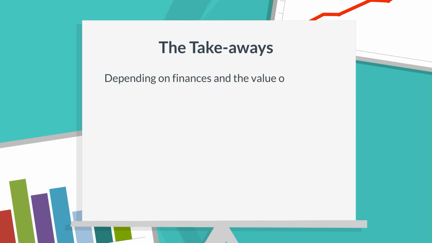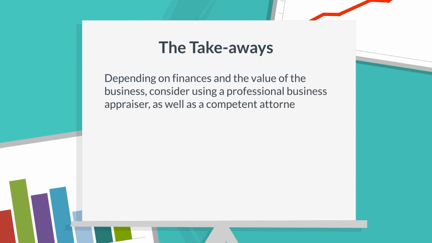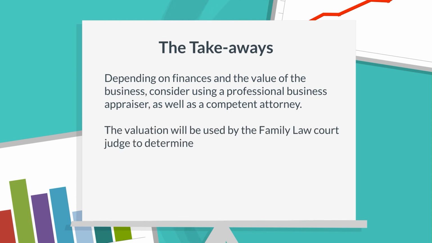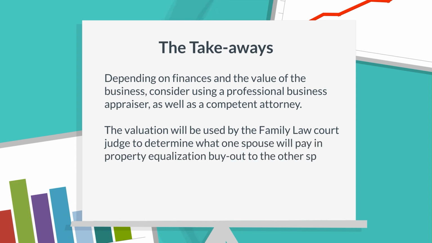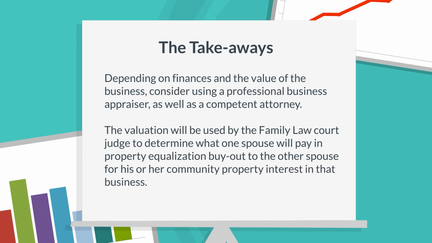Depending on the finances and the value of the business, consider using a professional business appraiser, as well as hiring a competent attorney. The valuation of the business will be used by the family law court judge to determine what one spouse will pay in property equalization buyout to the other spouse for his or her community property interest in that business.